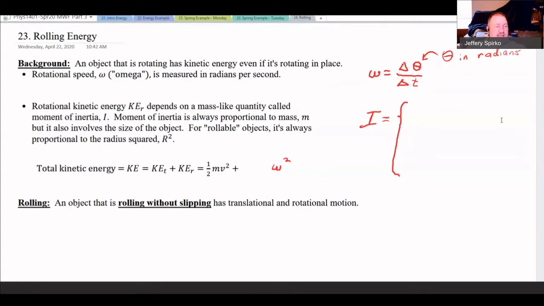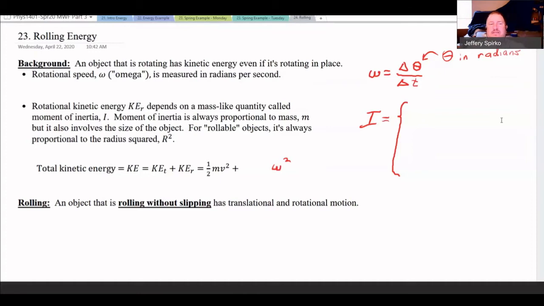So if you take an object with mass, like this pen, and you rotate it around its own axis, then the entire mass of the pen is concentrated at a very small distance, and it's actually very easy to rotate back and forth. On the other hand, if you take the same object and rotate it about a different axis, you can feel that it is more difficult to rotate that object back and forth.